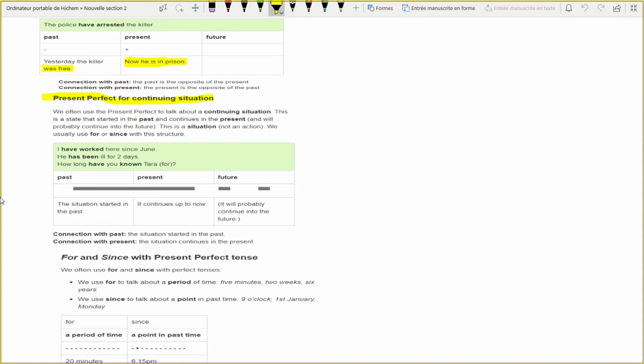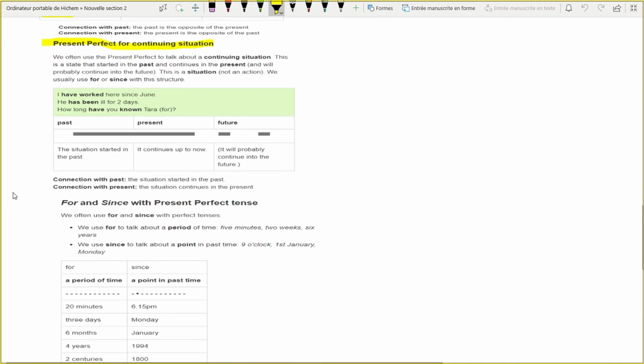This is a situation and not an action. It is very important to make the distinction between a situation and an action. And we usually use for or since with this structure. For instance, you say, "I have worked here since June," or "He has been ill for 2 days," or "How long have you known Tara?"